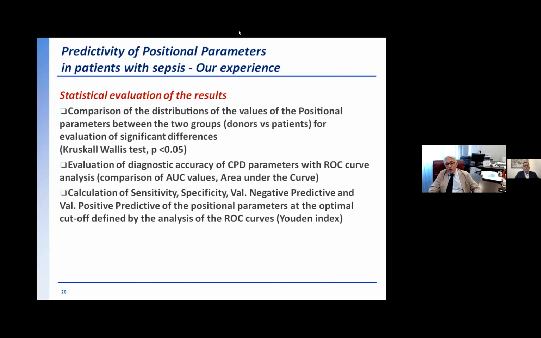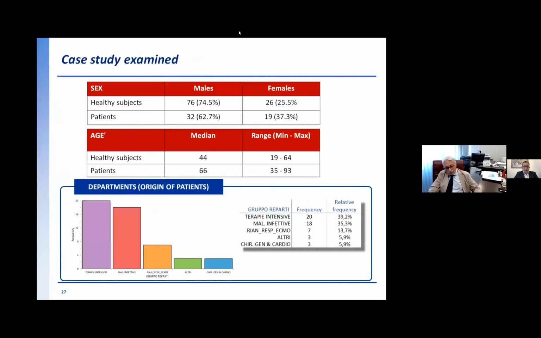And then we evaluated and studied the diagnostic accuracy of positional parameters, assessing them by means of ROC curve analysis compared to AUC values, namely the area under the curve, assessing sensitivity, specificity, and negative and positive predictive values of these positional parameters deriving from the ROC curves.